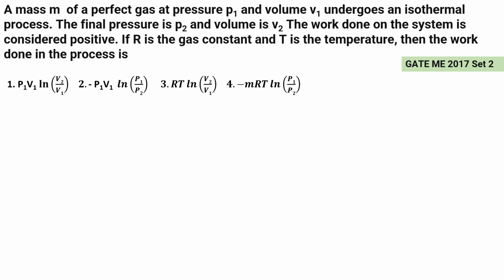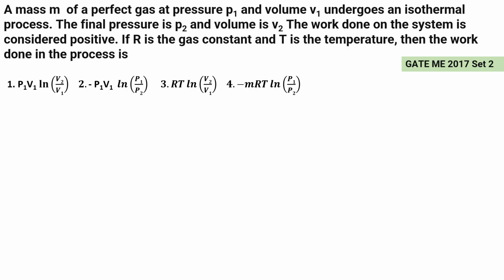Then the work done in the process is option 1, P1 V1 ln V2 by V1, option 2, minus P1 V1 ln P1 by P2, option 3, RT ln V2 by V1, option 4, minus MRT ln P1 by P2.